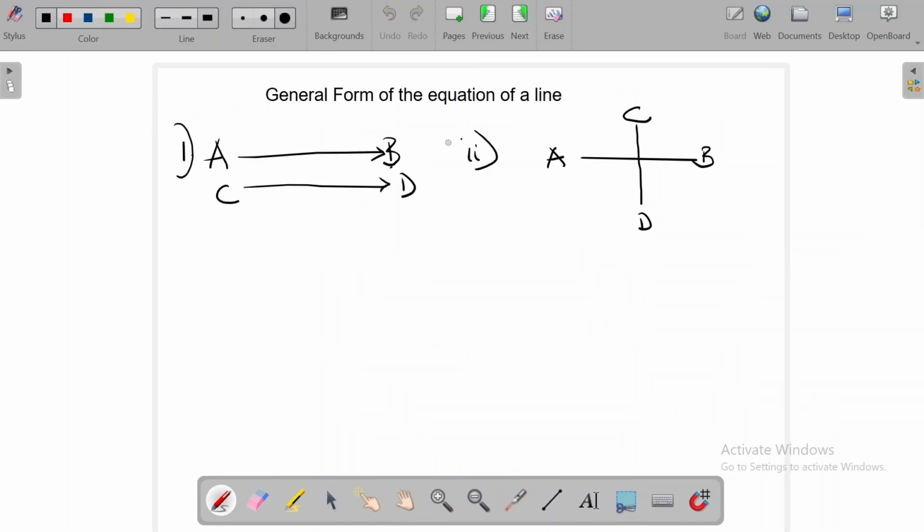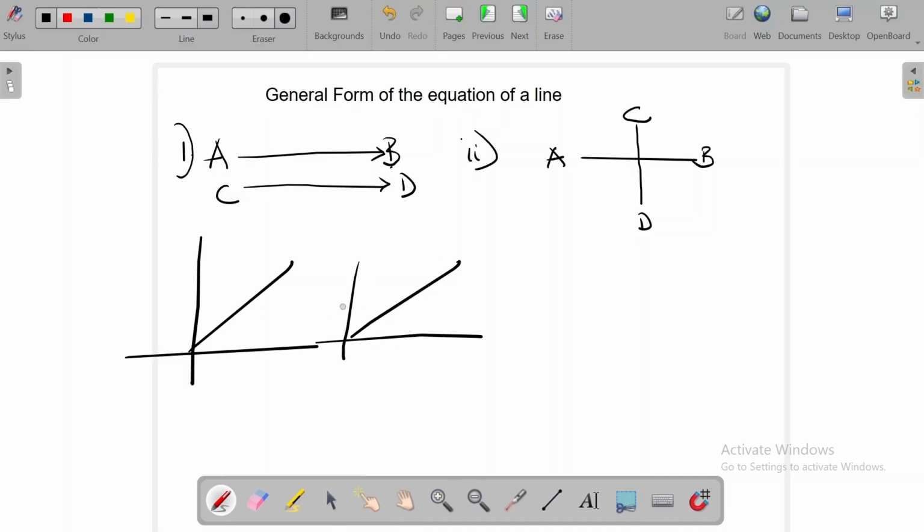And now we'll move to what we call the general form of the equation of a line. Just be patient. What this simply means is if you have one equation of a straight line and you have another equation of a straight line, these both lines are parallel.